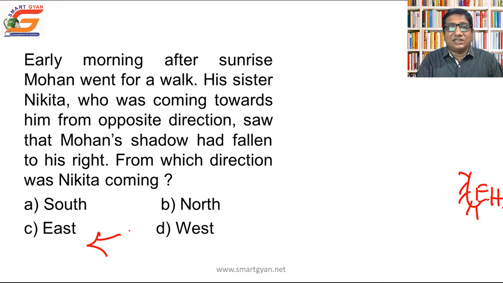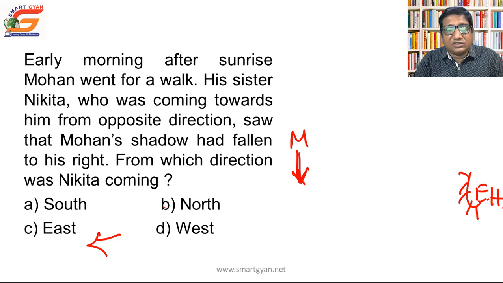And his sister Nikita saw that Mohan's shadow had fallen towards his right. So shadow towards right means then Mohan was facing south. When Mohan was facing south, this will be the right side and this is the shadow had fallen. From which direction was Nikita coming?